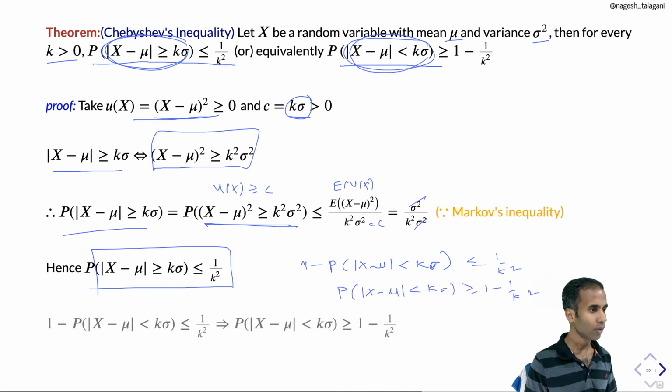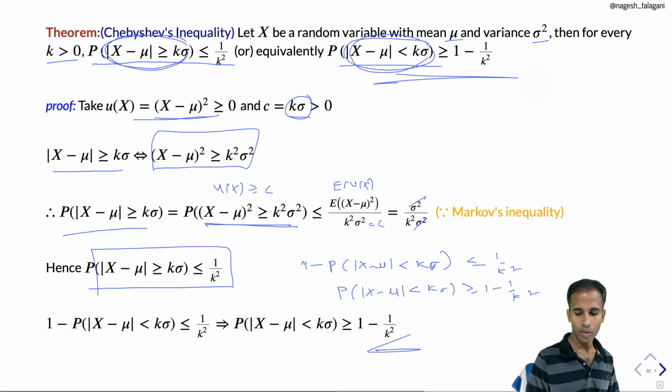Okay, fine. So we also have this inequality. So using Chebyshev's inequality, we can give an upper bound for this type of event, and we can give a lower bound for this type of events. Okay, not for all events. For certain types of events, we can give these upper bounds or lower bounds. Okay, fine.